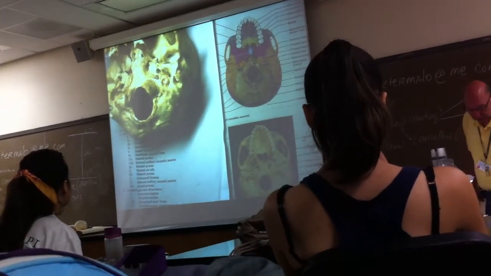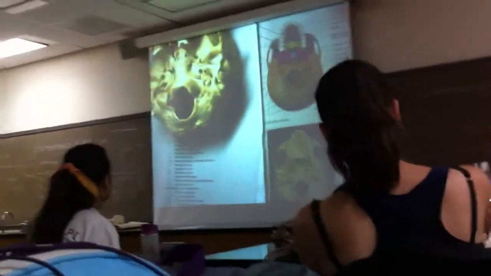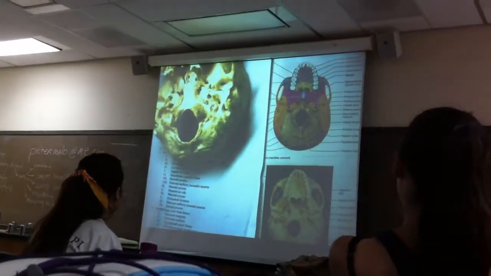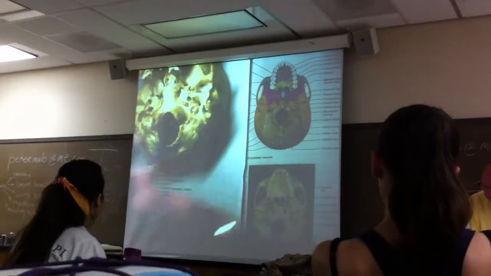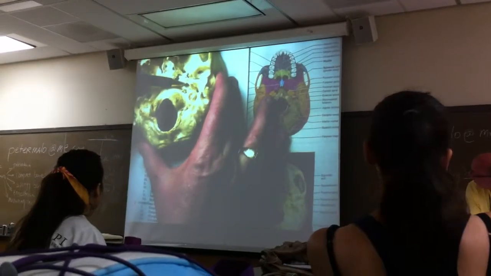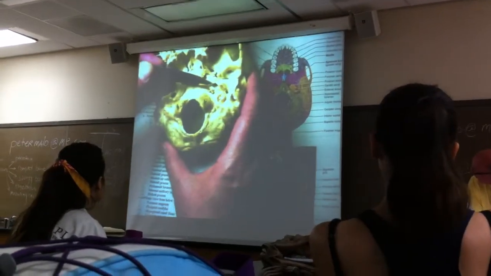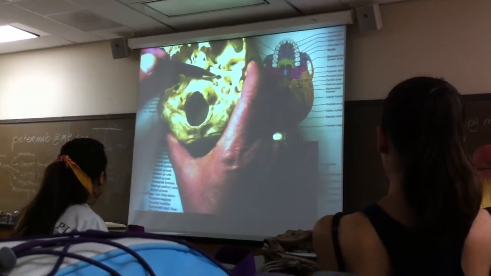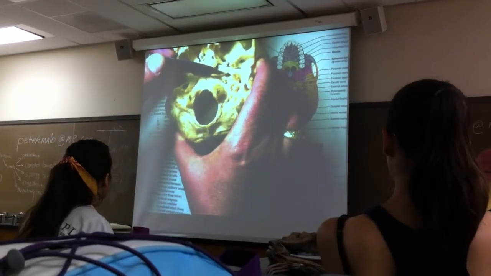Now you're going to say, all right, I can buy that, but what's the deal with the jugular? With the jugular, let me keep the pen pointing to the carotid foramen. There's the carotid foramen. All you do is rotate the skull just a little bit.